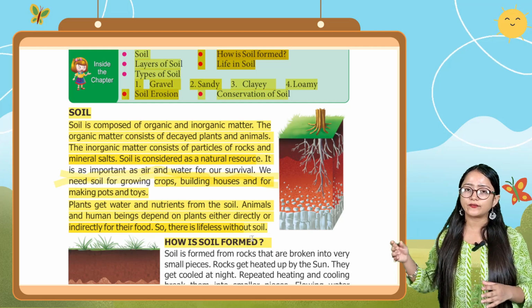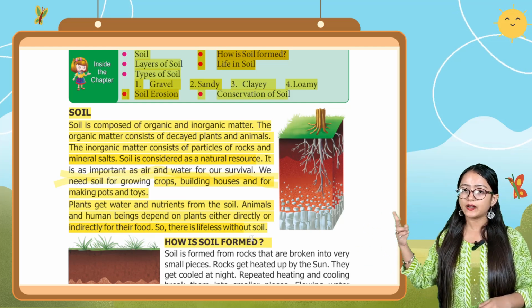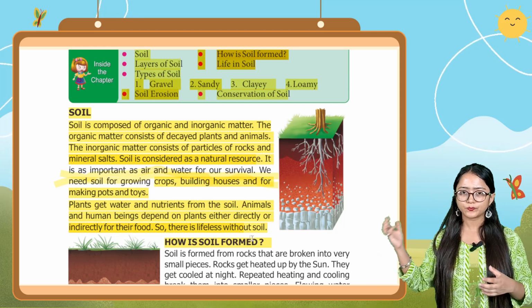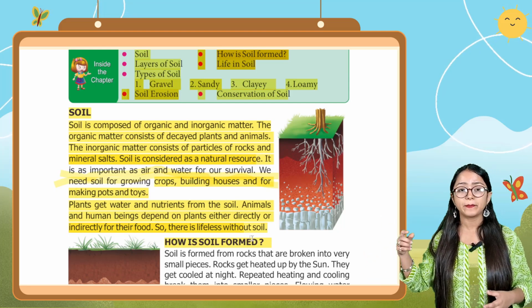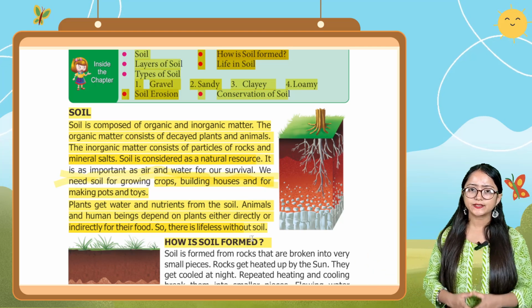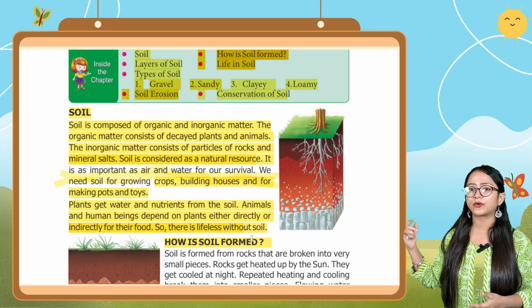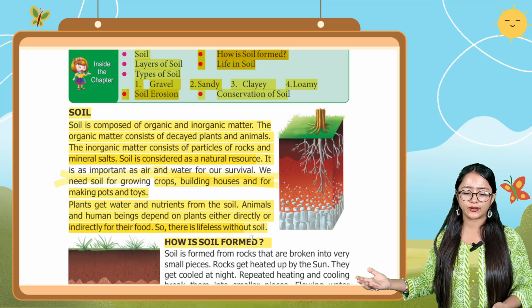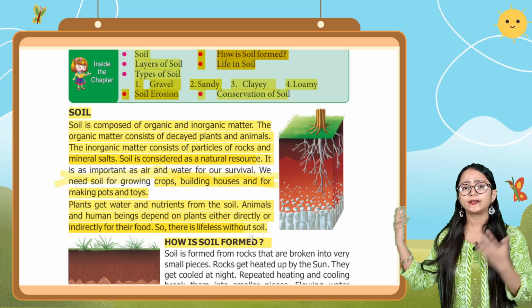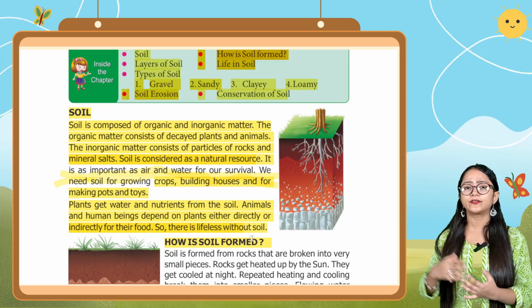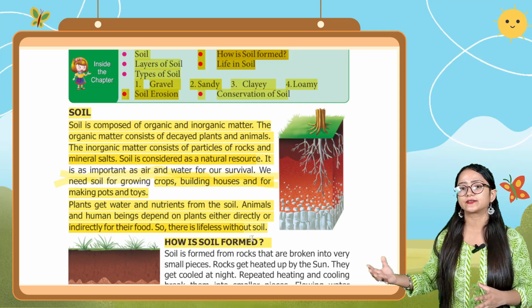We need soil for growing crops, for building our houses, and for making pots and toys. Plants get water and nutrients from the soil only. Animals and human beings also depend on soil either directly or indirectly. We can't imagine our life without soil. Our life is lifeless without soil.